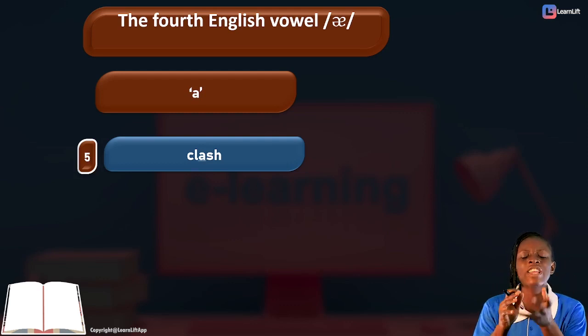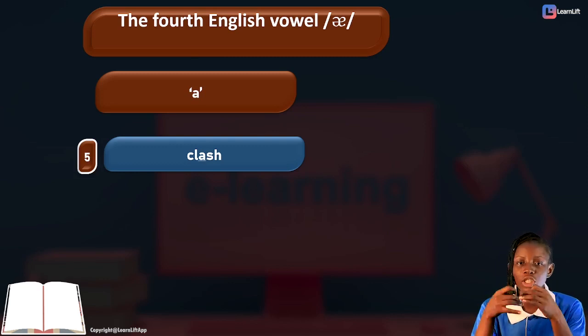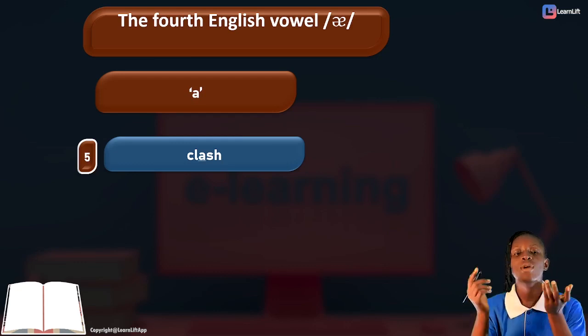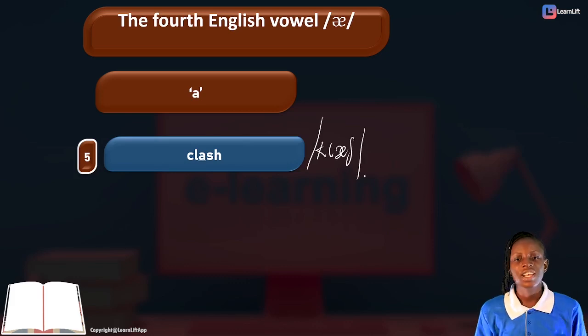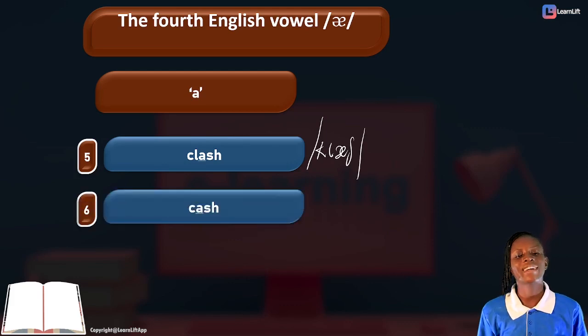Transcribe alongside, use these words every day, make sure you get adapted to them and notice the change. Our success is a determined effort. Okay, we have our clash transcribed as this. Clash.